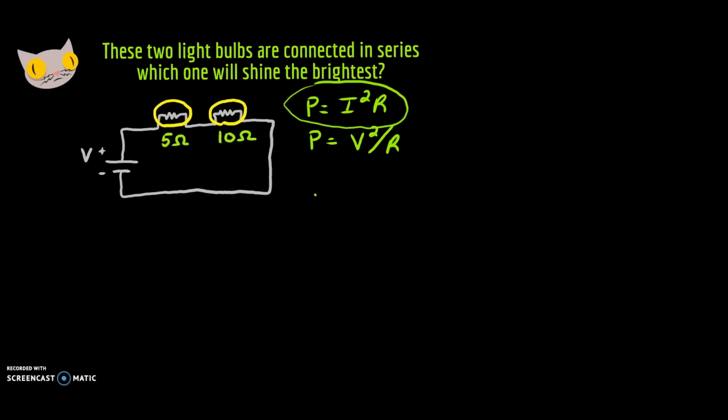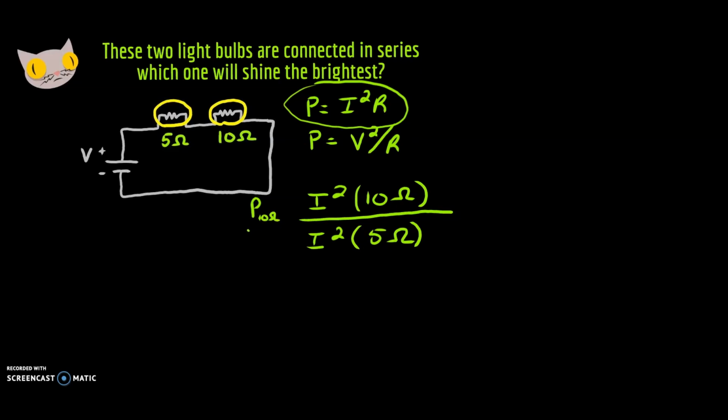So let's fill in our values. We don't have current, so we're just going to have I squared, and then the resistance 10 ohms over I squared 5 ohms, and this is for power for the 10 ohm resistor light bulb, and this is for power for the 5 ohm light bulb.